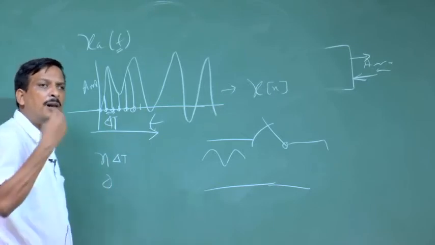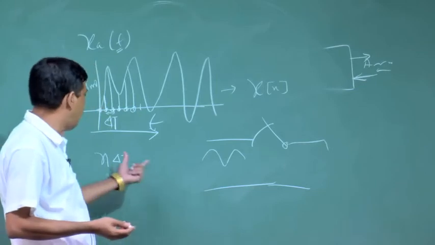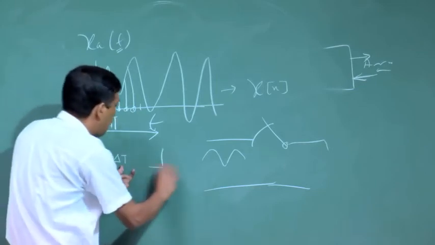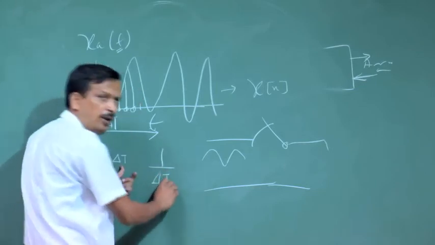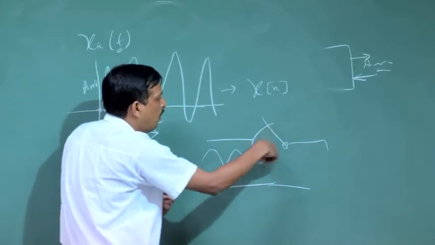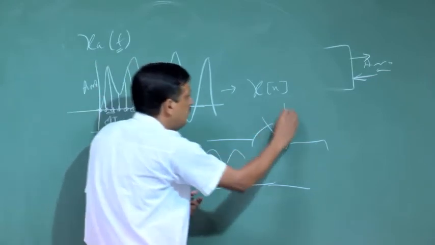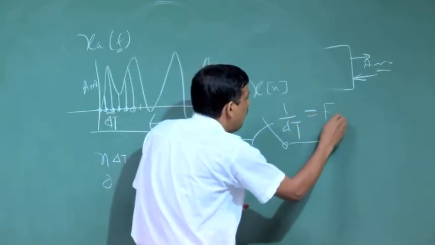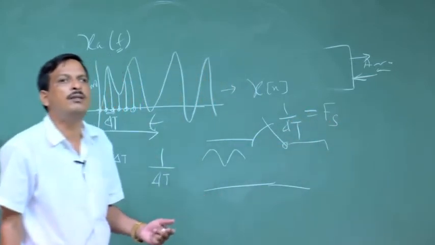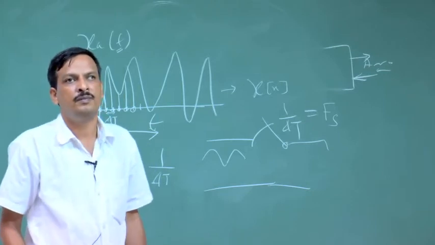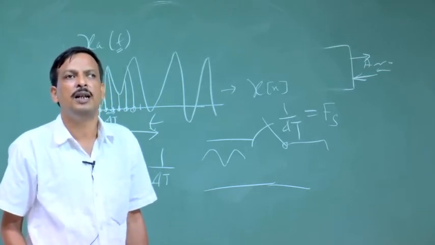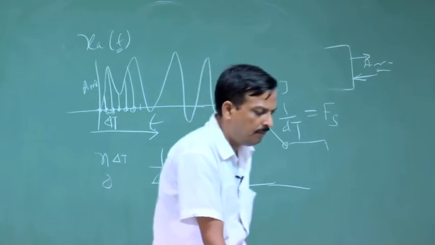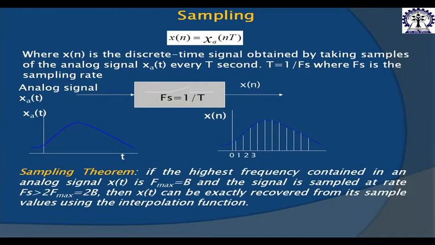If I think about the frequency representation of this delta t, the frequency of operation of this switch is 1 by delta t, which is called Fs, the sampling frequency. The sampling theorem is explained in this slide, and I will not repeat it again and again.